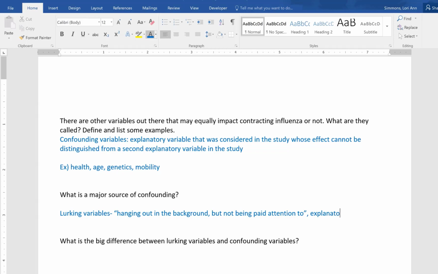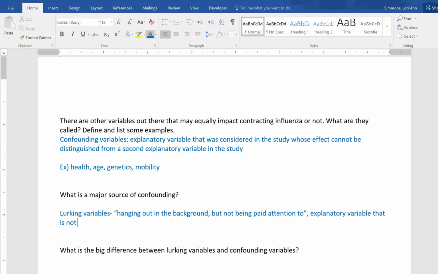It is an explanatory variable that is not considered in a study, but affects the value of the response.